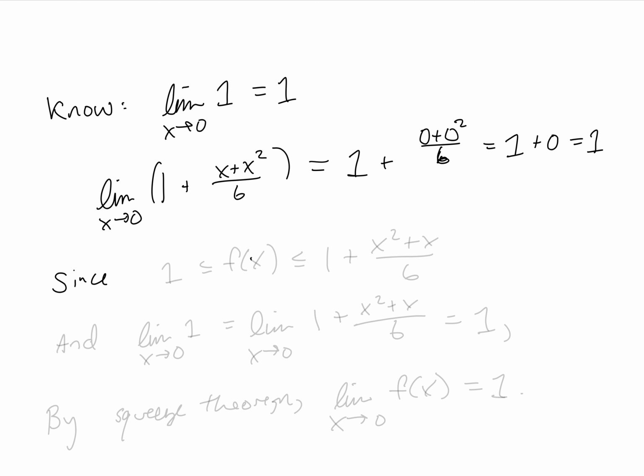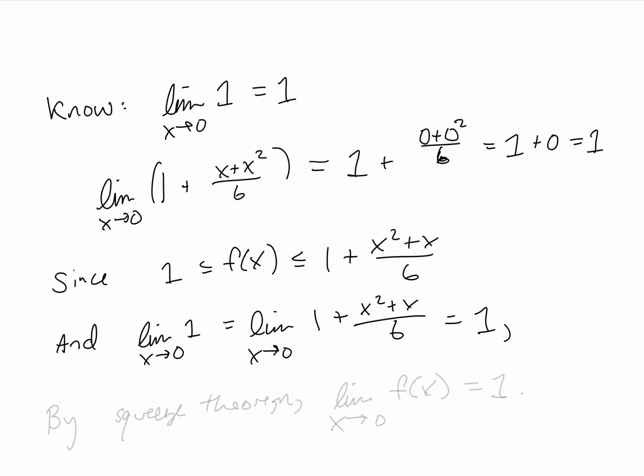So since 1 is less than or equal to f of x, which is less than or equal to 1 plus x squared over 6, and the limit as x approaches 0 of 1 is equal to the limit as x approaches 0 of 1 plus x squared over 6, both equal to 1, by the squeeze theorem, the limit as x goes to 0 of f of x is also 1.